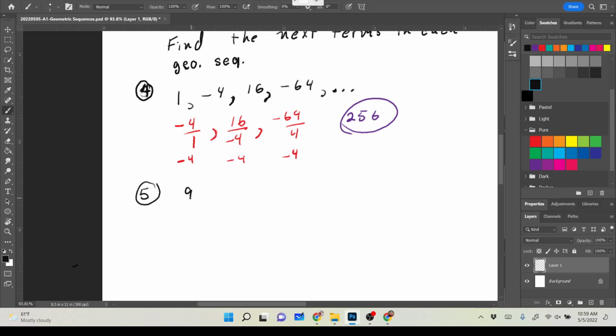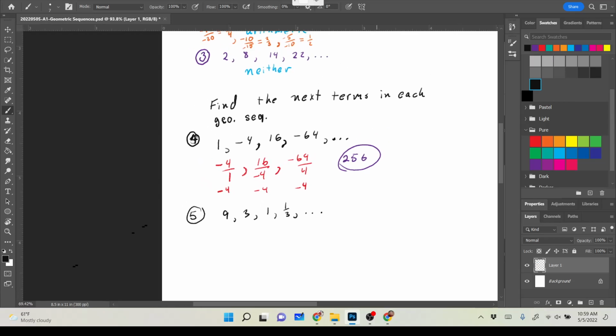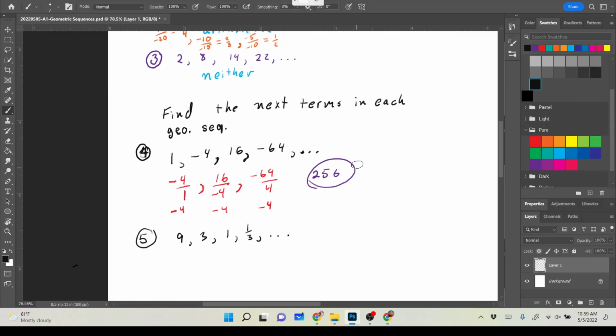The sequence is 9, 3, 1, 1/3. What would be the next term in the sequence? We didn't write all of the instructions.